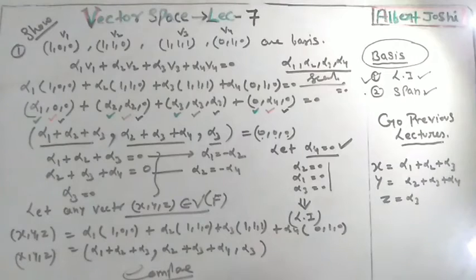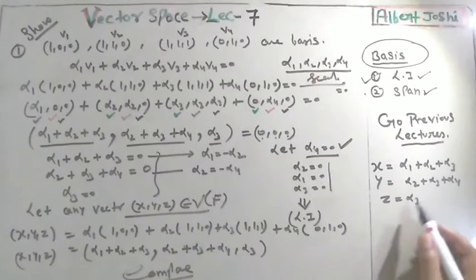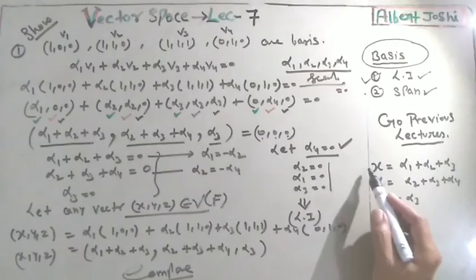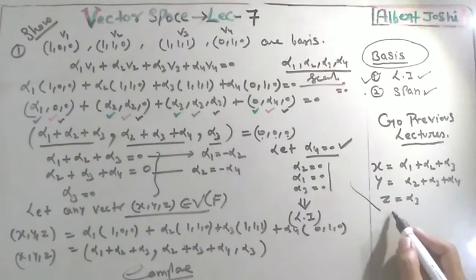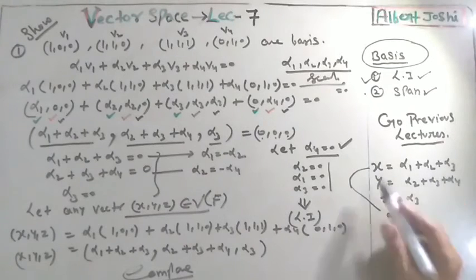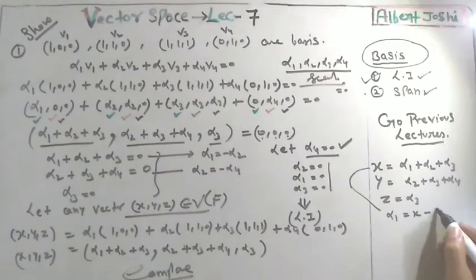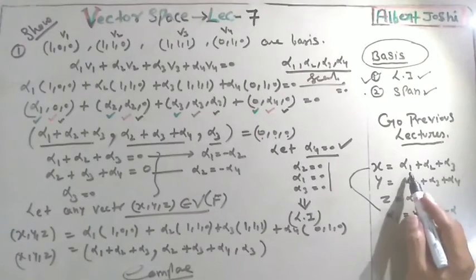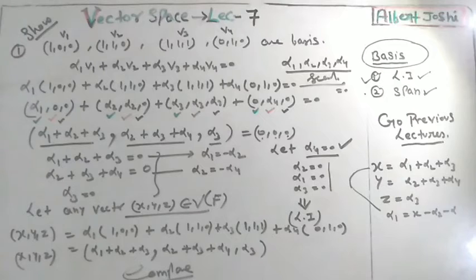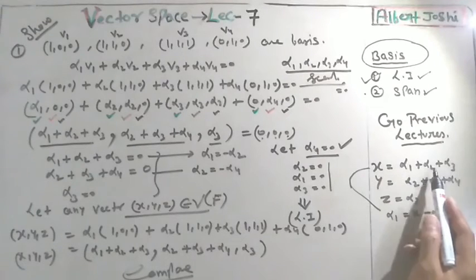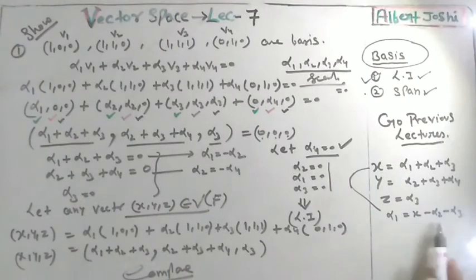Now how do we find them? We are getting alpha 1 equals x minus alpha 2 minus alpha 3.